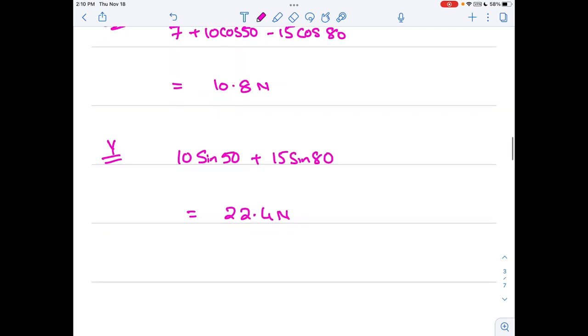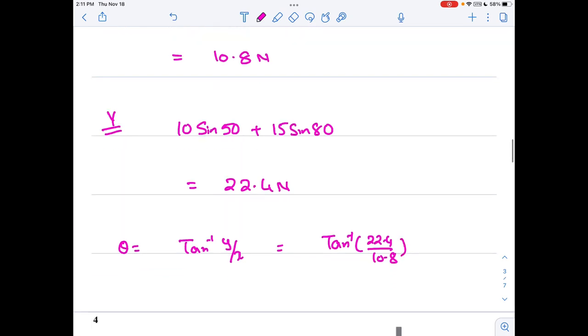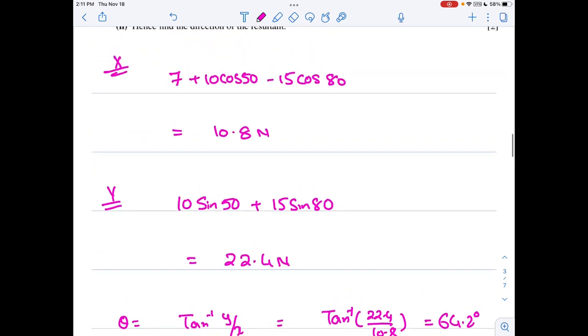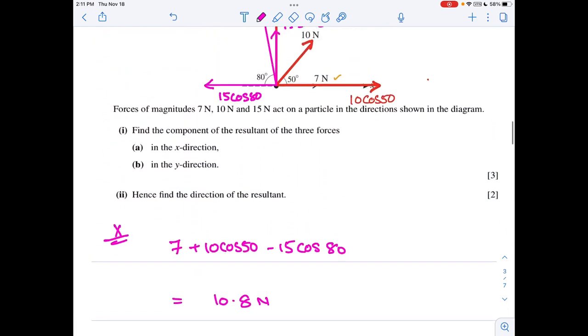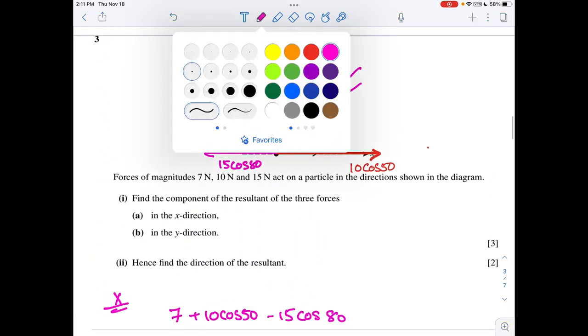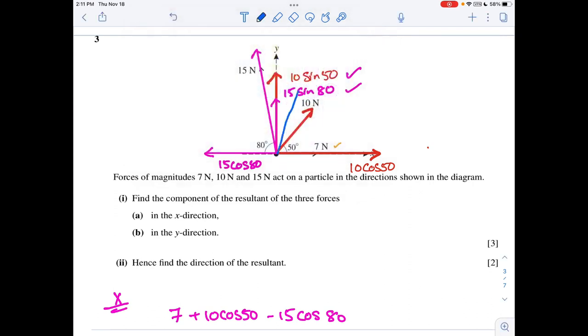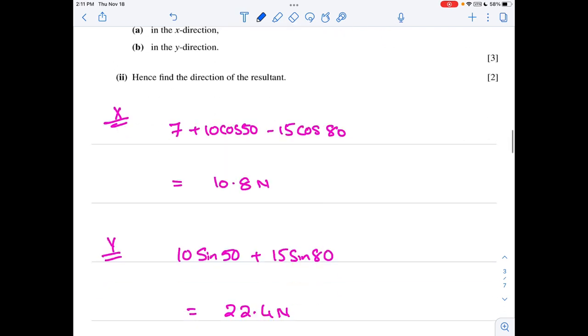So first of all, we have to find theta, tan inverse of Y upon X. So it becomes tan inverse of 22.4 upon 10.8, which becomes 64.2 degrees. It will be 64.2 degrees in the anti-clockwise direction.